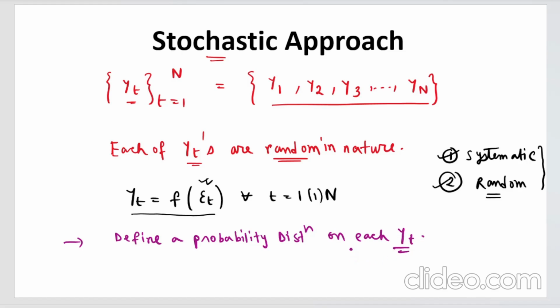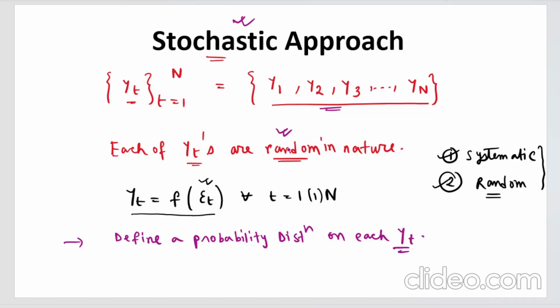This is the summary of everything that we will understand in the stochastic approach. You have a time series process, you have this dataset available with you, and in the stochastic approach we say that each of these yt that we know is random in nature. That is why the name is stochastic.